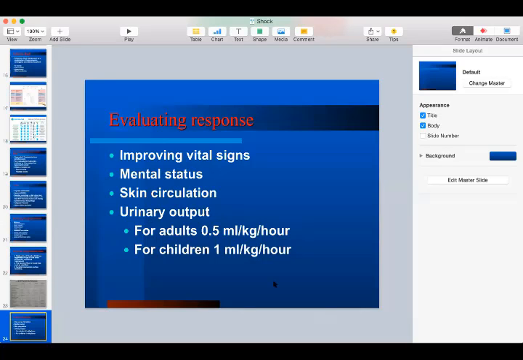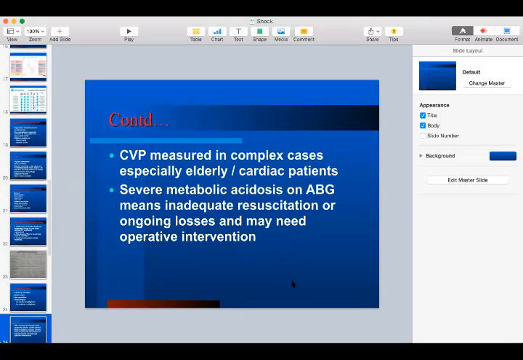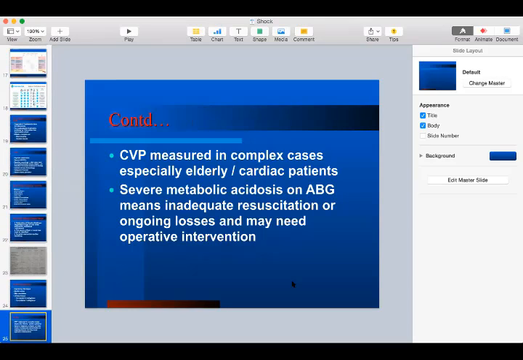For adults, the minimum requirement is 0.5 ml per kg per hour, and for children, 1 ml per kg per hour. CVP measure in complex cases, especially elderly or cardiac patients, is an important marker as well. Severe metabolic acidosis on ABGs, arterial blood gases, means inadequate resuscitation or ongoing losses, and may need operative intervention.